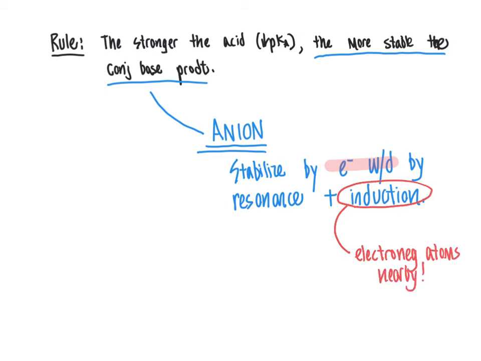So let's do an example here of comparing a couple of different carboxylic acid groups to evaluate which is going to have the lower pKa value. So in this example, we'll go ahead and look at trifluoroacetic acid.